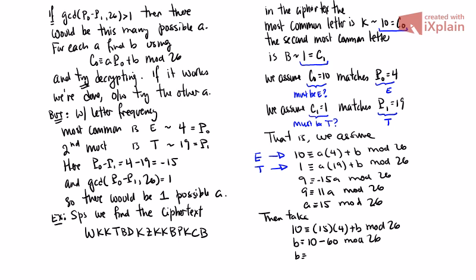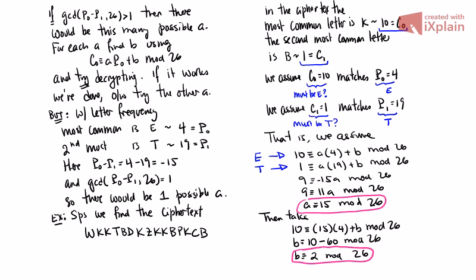So this is negative 50, which is 2 mod 26. So now we have these two values, A and B. And really we're saying mod 26, but we're going to assume that they're 2 and 15 because nothing would change if we did something different.